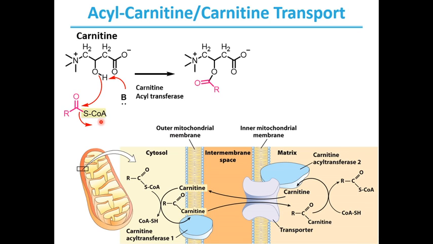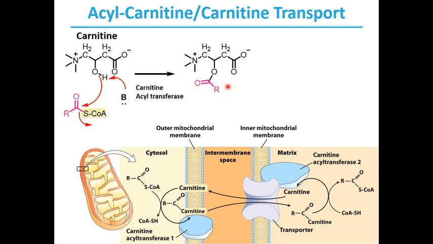Fatty acids destined for mitochondrial oxidation are transiently attached to the hydroxyl group of carnitine. Now, this is carnitine, and this is the hydroxyl group of carnitine, and the enzyme called carnitine acyl transferase attaches the acyl group from acyl-CoA to this hydroxyl group of carnitine to make this acyl-carnitine molecule.